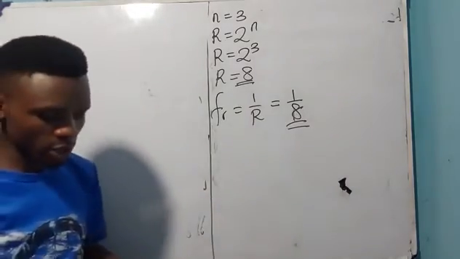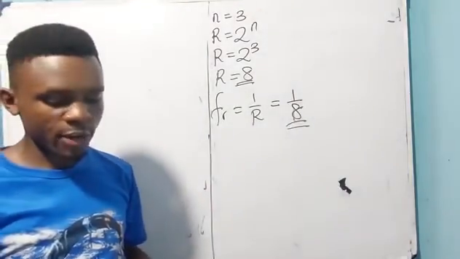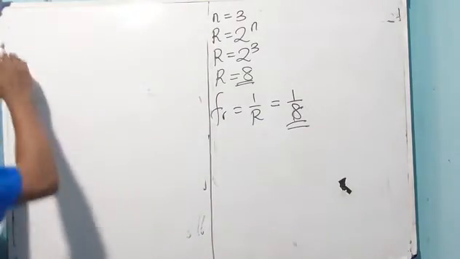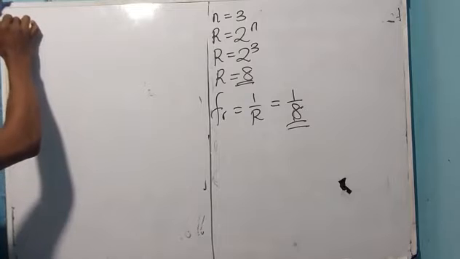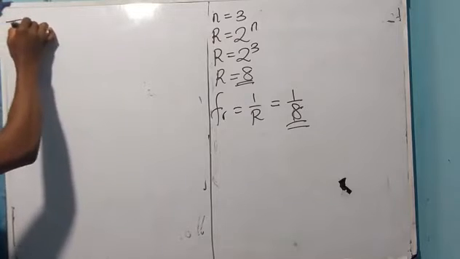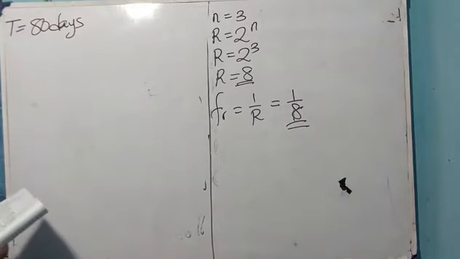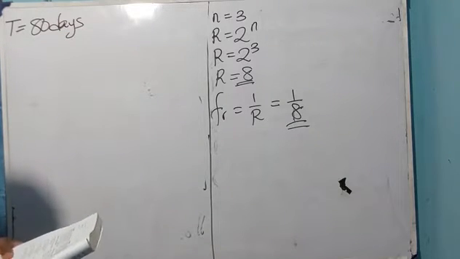Okay, I have a question here. A radioactive substance has a half-life of 80 days.